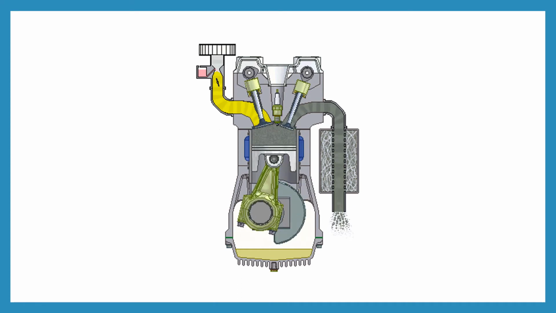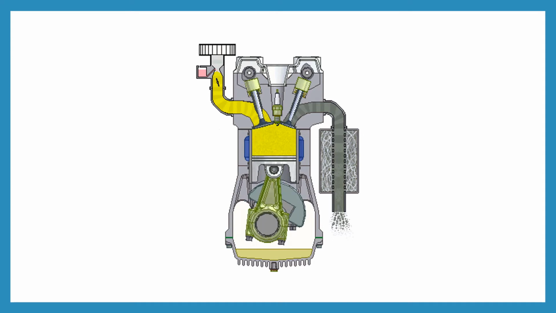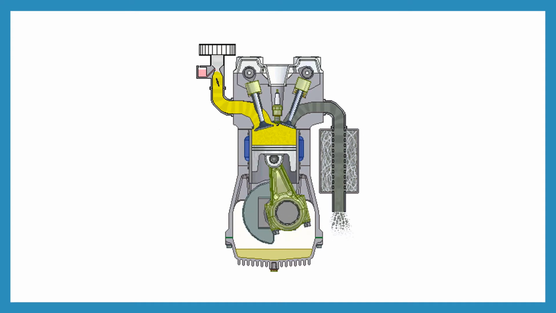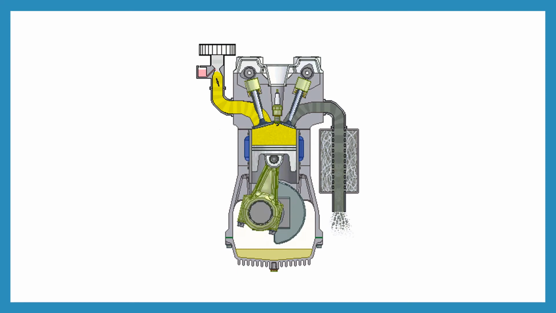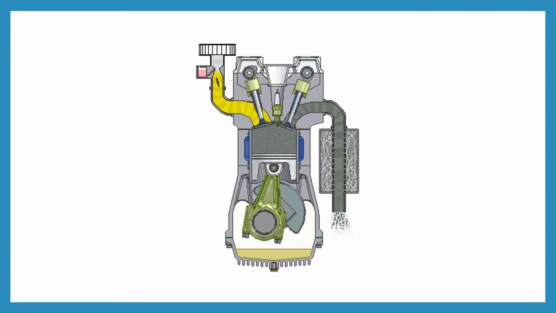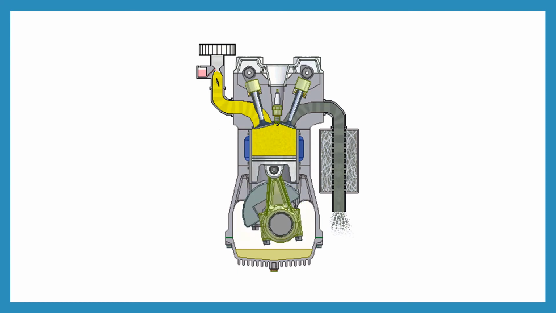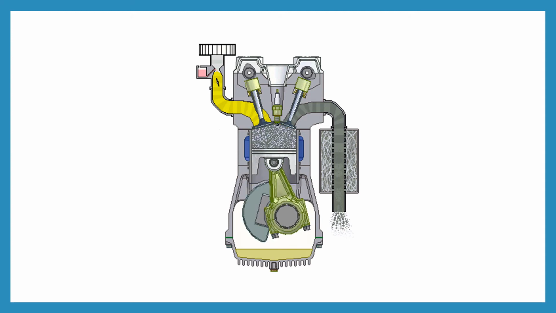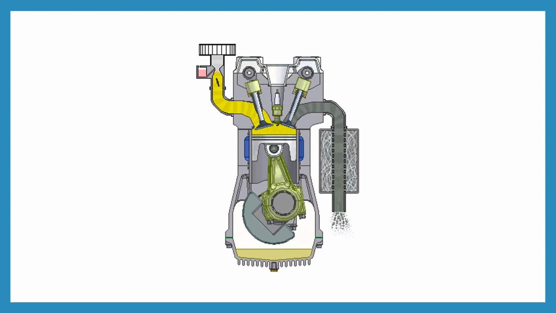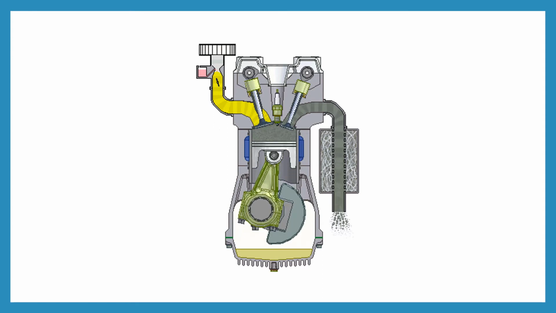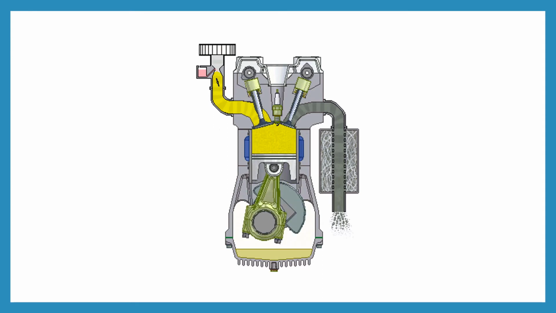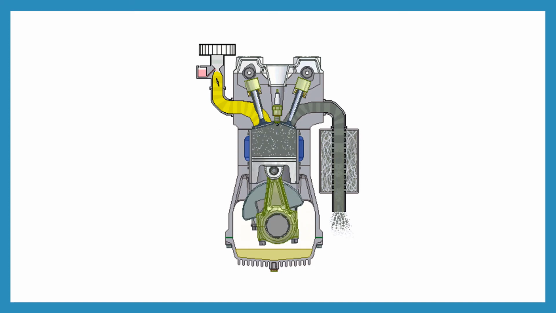So here is the air fuel mixture. In this way the air fuel mixture enters the inlet manifold with the help of the inlet valve, when it is opened by the cam. When it is open, the mixture enters the combustion chamber and the piston moves downward.